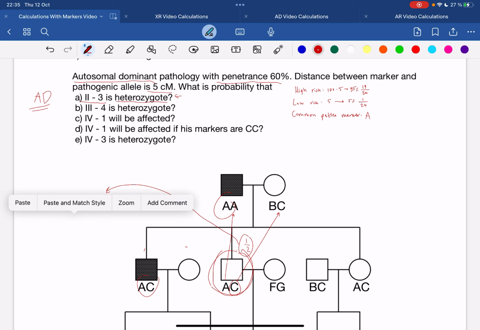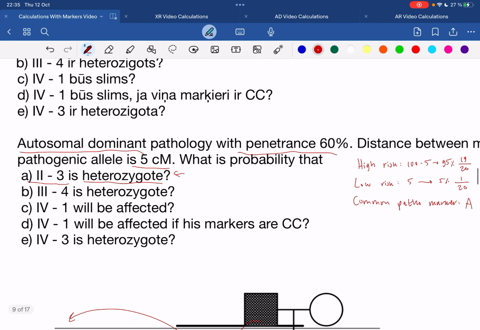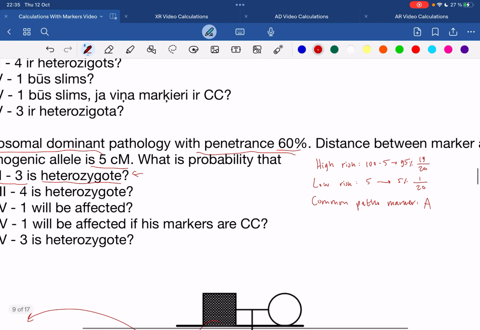So here, for prior probability, we would have 1/2. Right here, we would have 1/2. Conditional probability is 1 minus the penetrance, which would be 40%, or 2/5. Here would be 1. Then here we would be 2 over 10. And here it would be 1/2, which can be rewritten into 5 over 10.